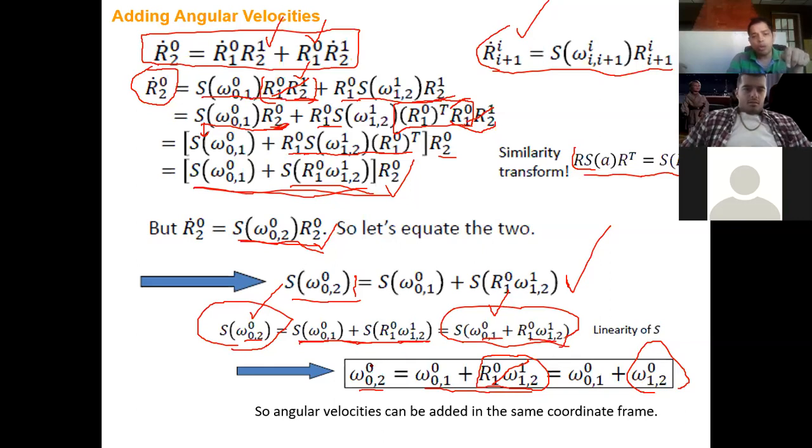So this is all common: written in 0 frame, written in 0 frame, written in 0 frame. That's the beauty. When you add them together, you can write everything in the same frame.